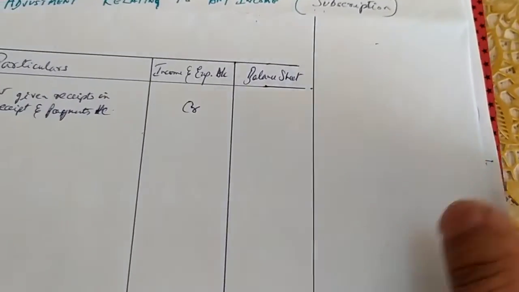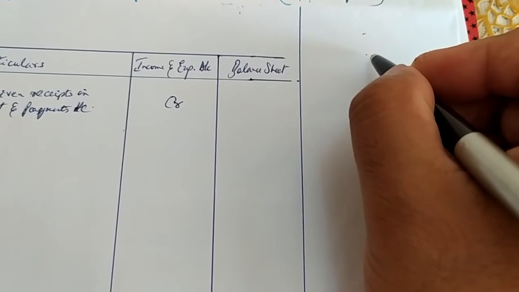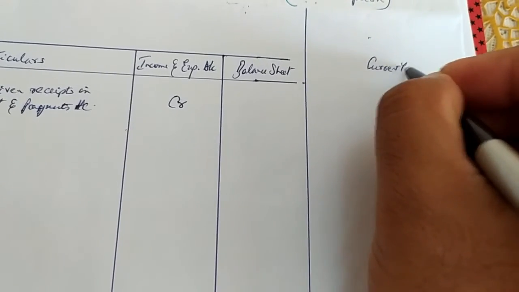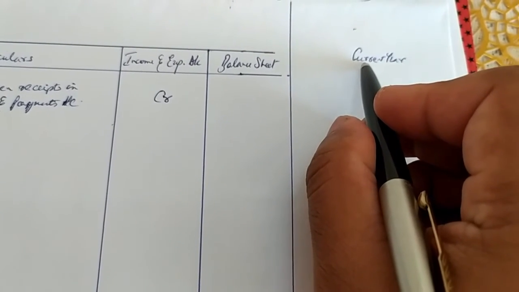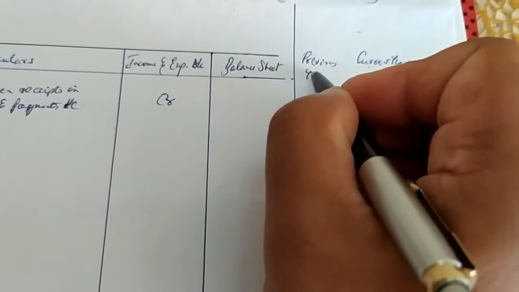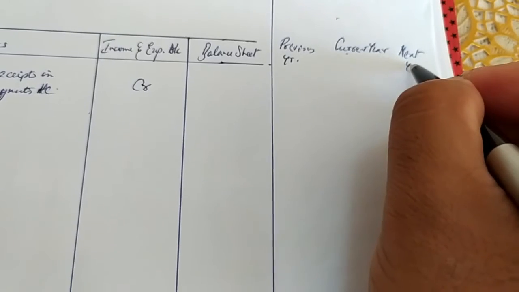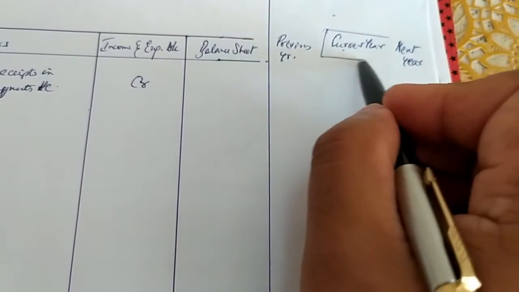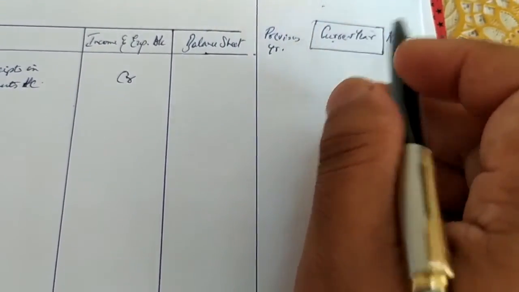So remember, you are preparing the account to compute the amount for the current year. So this is another rough work that you can do. But you will have some amount which relates to the previous year, and there may be some amount which relates to the next year. So you have to keep your focus only on the current year, because what we want to derive is the amount which is meant for this current year.